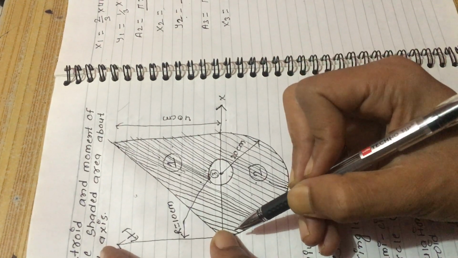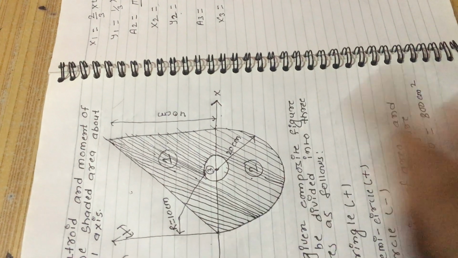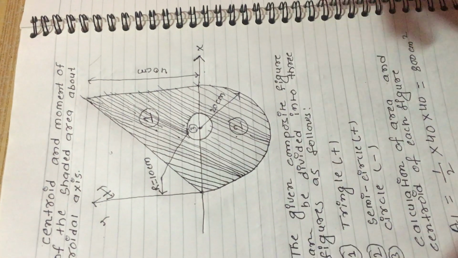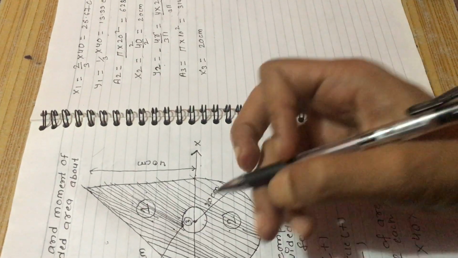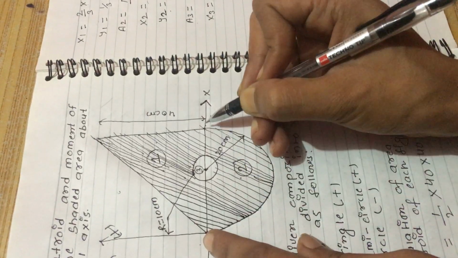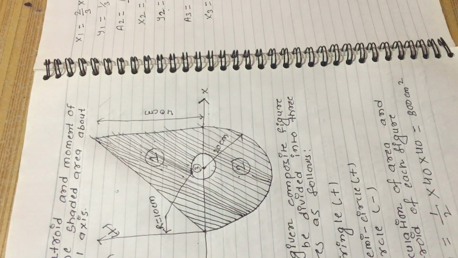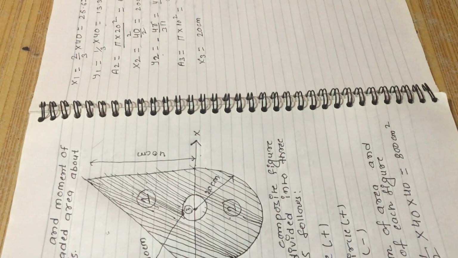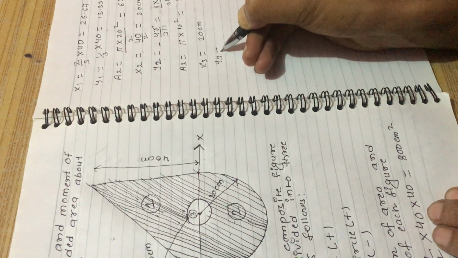So x3 is 20 because if this is A and this is B, the length of AB is 40 centimeter. That's why x3 is 20, that is 40 divided by 2.